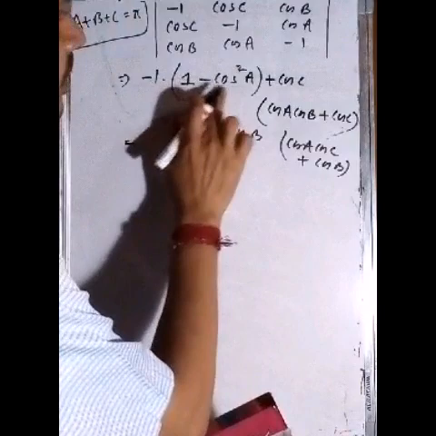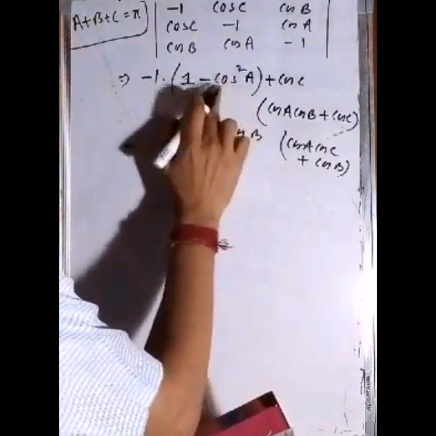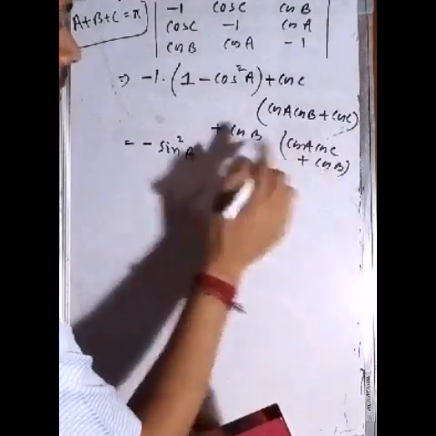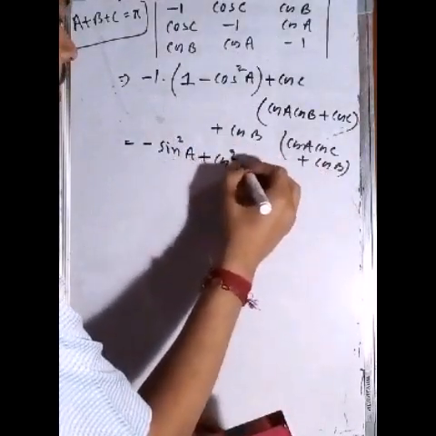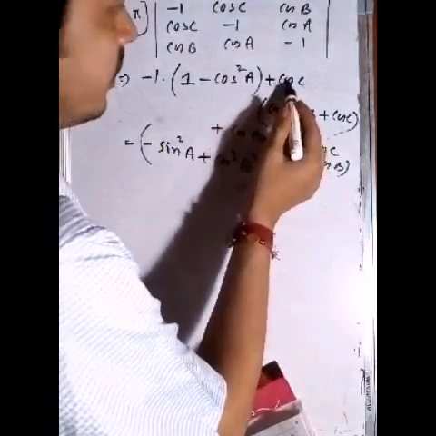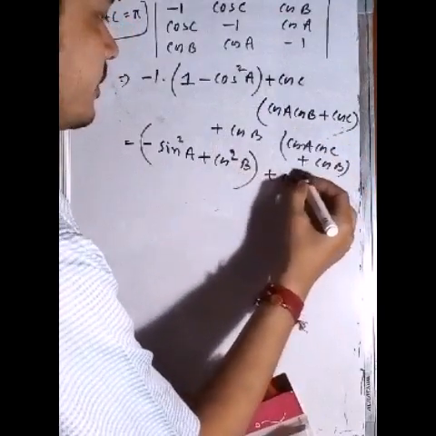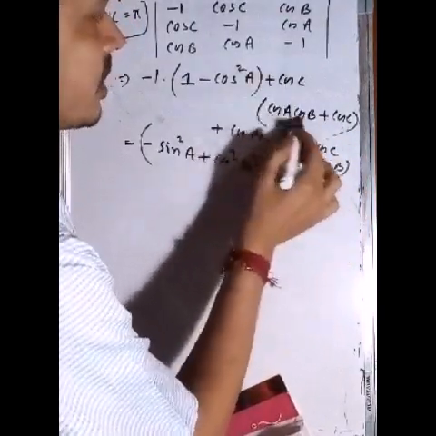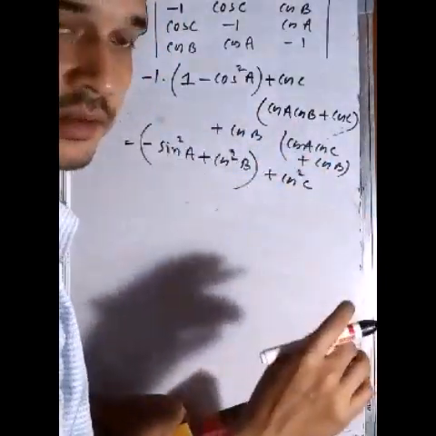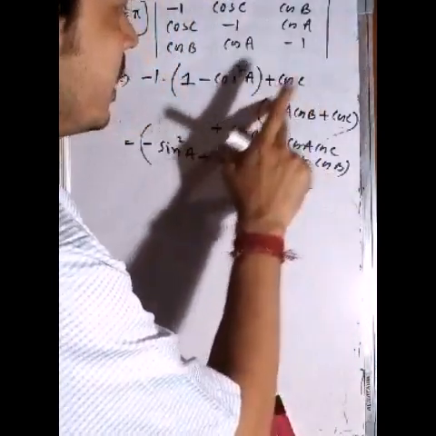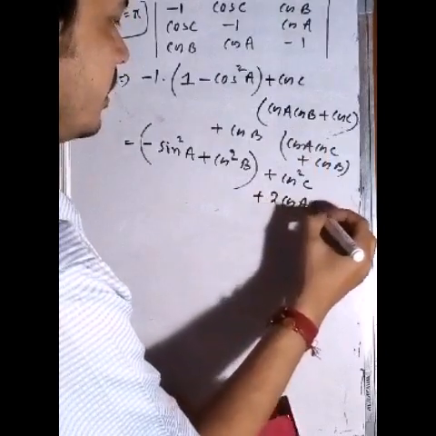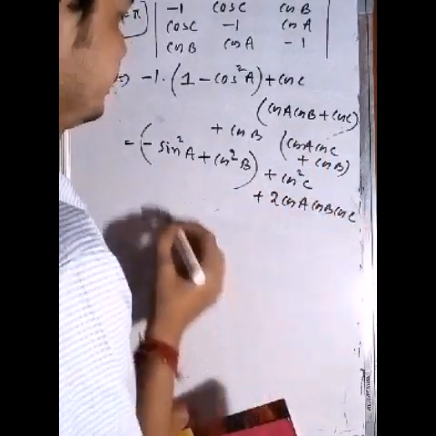Now I'm going to simplify. 1 minus cos square A is sin square A, so minus sin square A. Now from this we get cos square B, so plus cos square B, and plus cos square C. Then cos C into cos A cos B, and cos A cos C into cos B, both give cos A cos B cos C. So we get two cos A cos B cos C, one from each product.